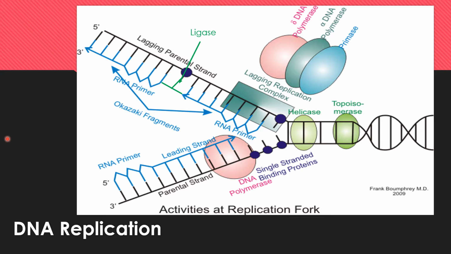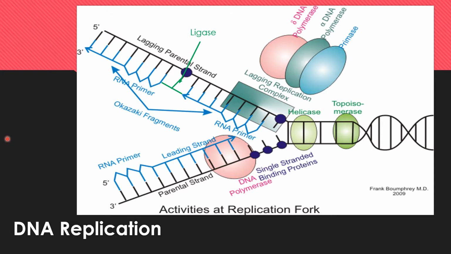At this point of origin, topoisomerase puts tension on that strand so that helicase can unwind the DNA and begin to separate the double helix by disrupting those hydrogen bonds, creating what is called a fork.